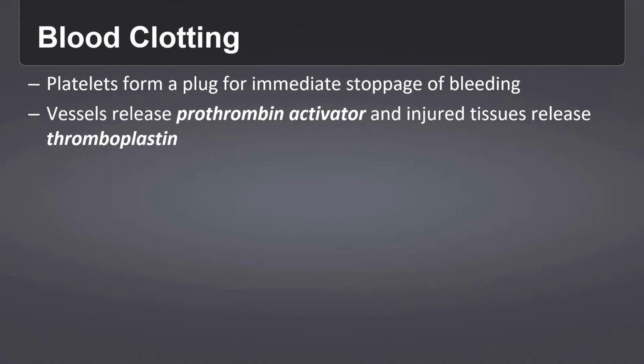There's going to be a lot of words here that have the part of the word called thrombus in there. So a thrombus is also known as a blood clot. So we're trying to create a blood clot here.